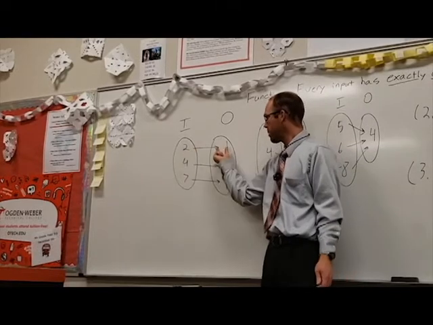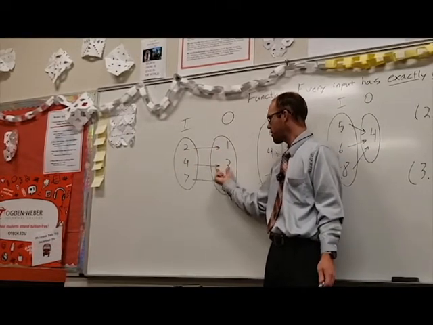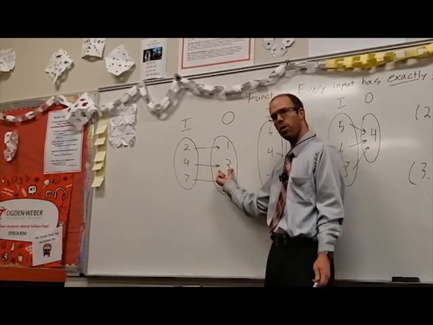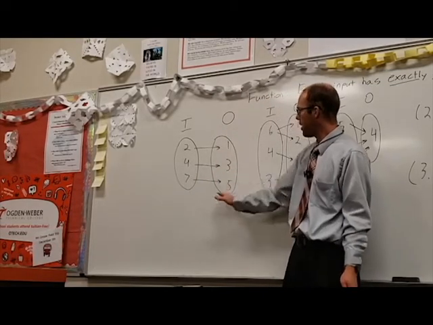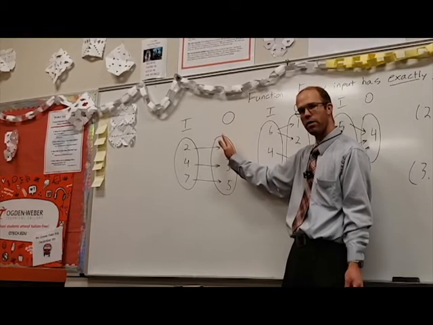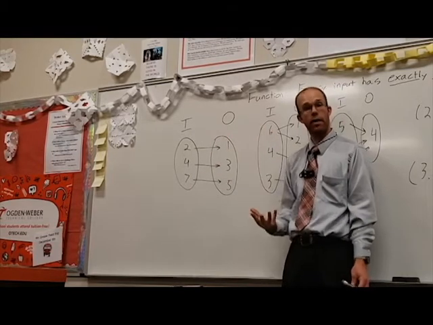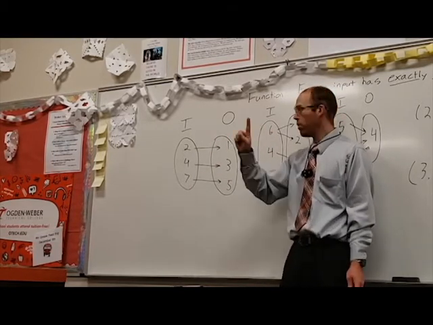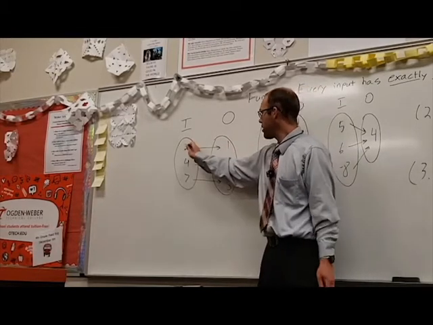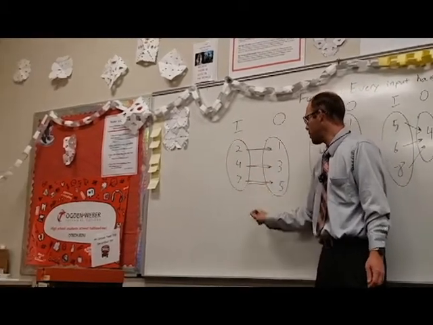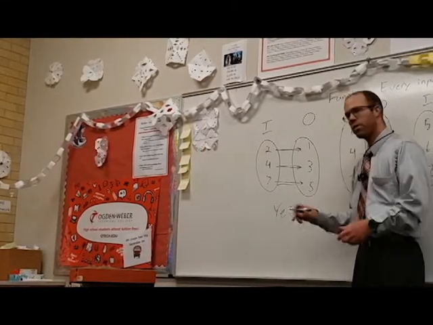Well, 2 has exactly one output, 4 has exactly one output, and 7 has exactly one output. Now you notice that I don't mention what the value of that output is. I don't actually care. I just need to know that that one input has exactly one output. And that's the case for each of these, 1, 1, 1. So yes, this one is a function.